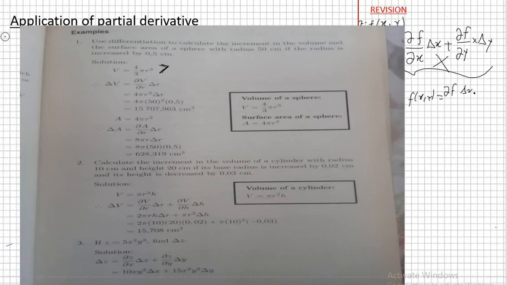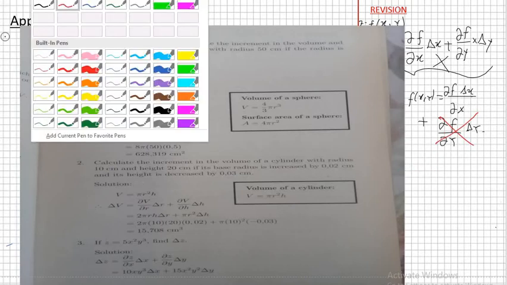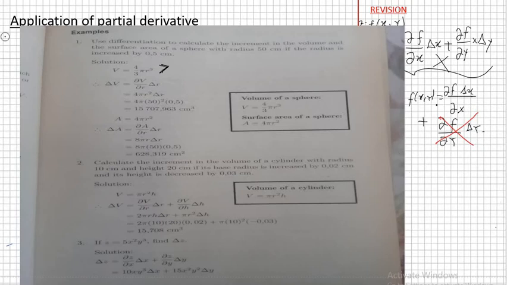So we have the partial derivative of the function with respect to x multiplied by the change in x, plus the partial derivative of the function with respect to y multiplied by the change in y. In this case we only have one variable, so that means the second term falls away. So the function is v.